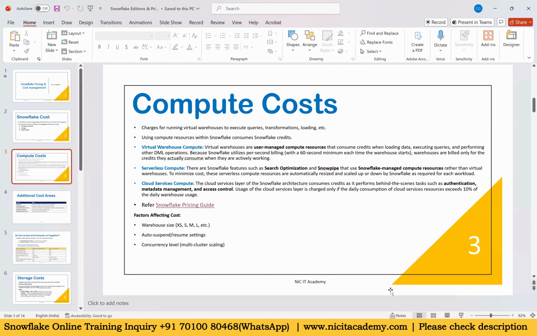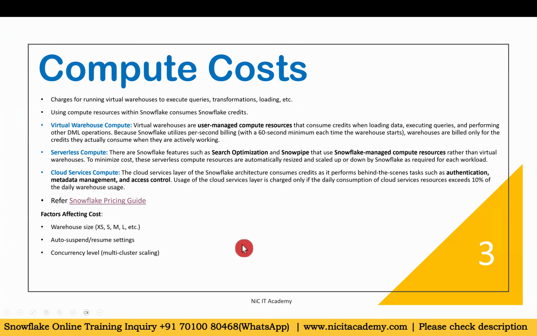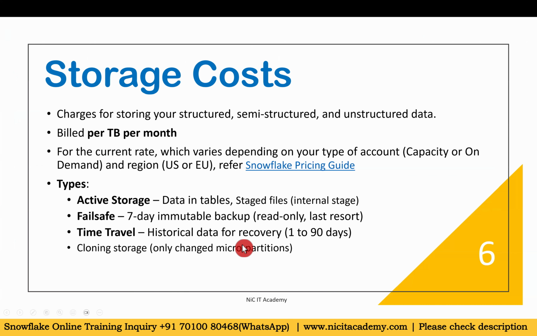This is the computational cost and storage cost, billed per terabyte per month. Active storage is nothing but data in tables. Staging means files are called staging.